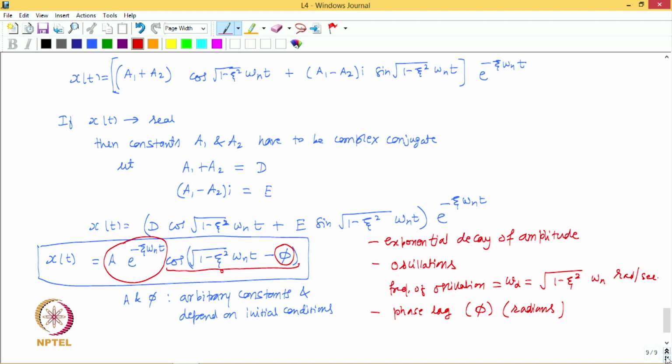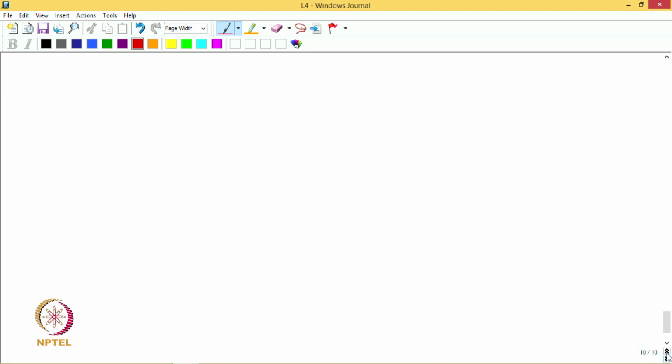Let us try to sketch this. If you show the displacement on the y axis and time on the x axis, then this is going to look something like this, and this is for a certain value of zeta.